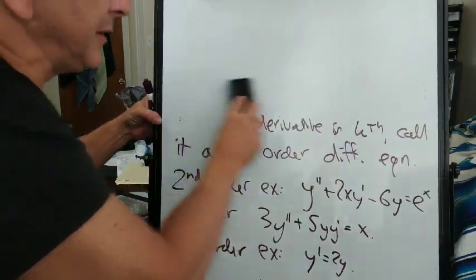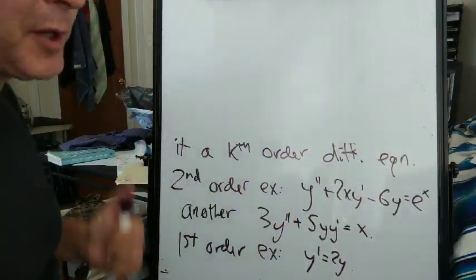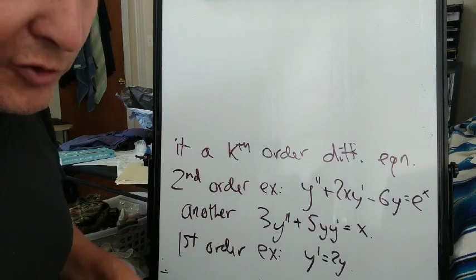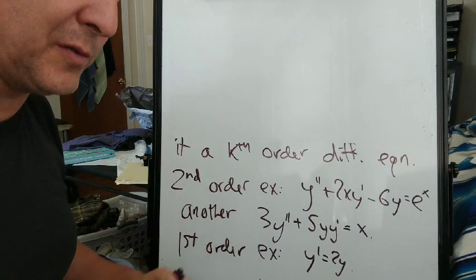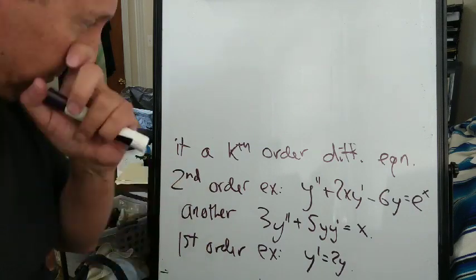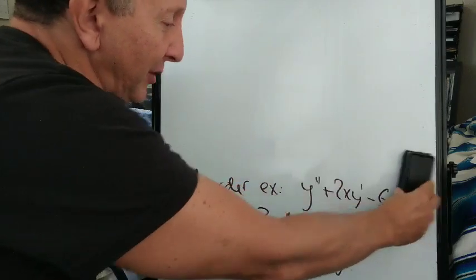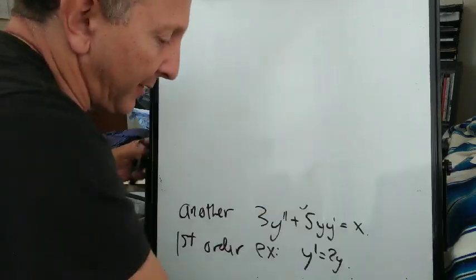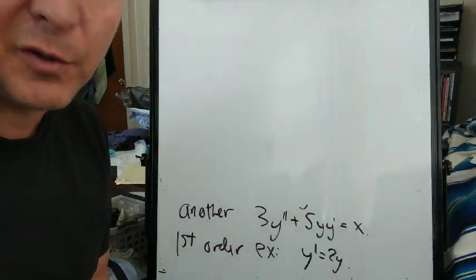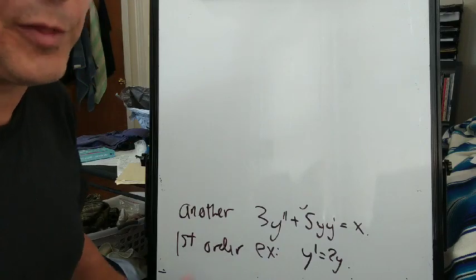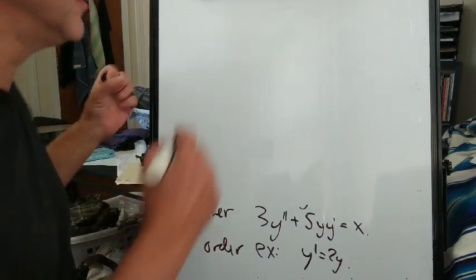So this differential equation tells us something about how the function we're interested in is related to its derivatives and to x. And we're interested in what that function is. And we say that we've solved a differential equation if we found out what the function is, y in this case.